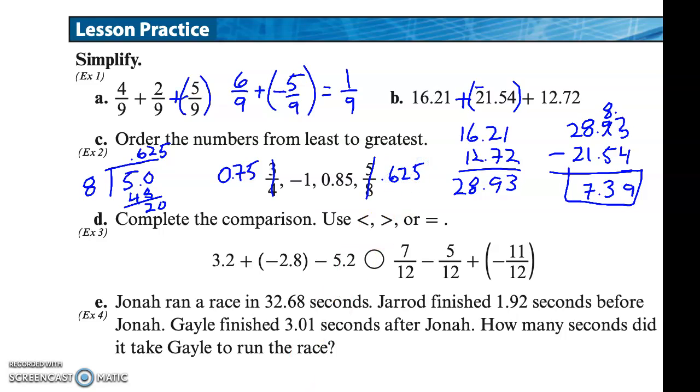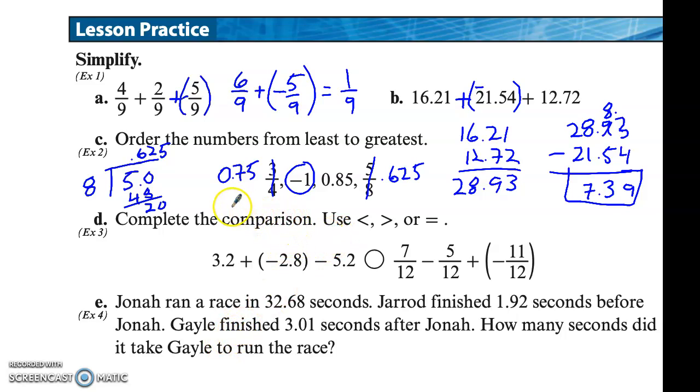Now looking at those numbers, starting from least to greatest, I have a -1, that would be the smallest number, right? And then I'm going to 0, and then I'm going from 0, what's the next number I'm looking at? Well, there's a 6 in the tenths place, there's a 7 in the tenths place, and an 8 in the tenths place. So I'm looking there first, right? So it would go 6, then 7, then 8.